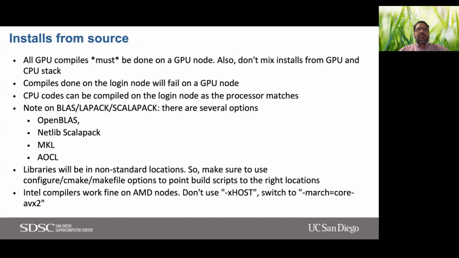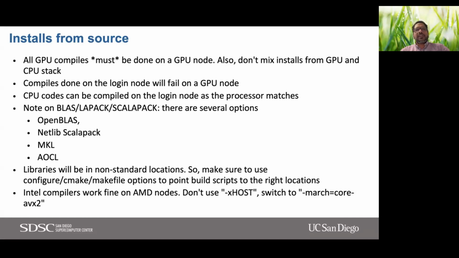So a few more things to think about when you're building from source. If you're building GPU code, please compile on the GPU node, especially on Expanse, because, as I said, the CPU that's on the GPU node is different from the ones on the login node. So you'll end up building something that won't work if you build it on the login node.